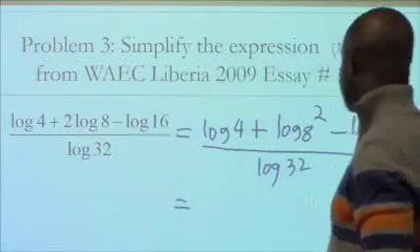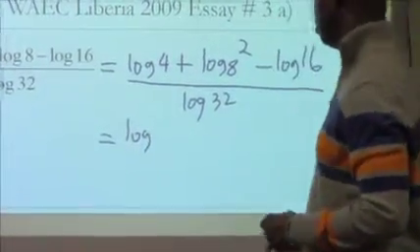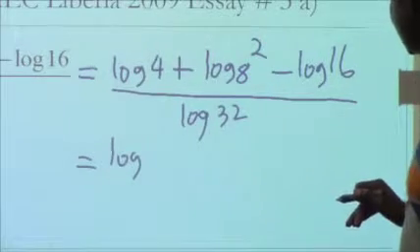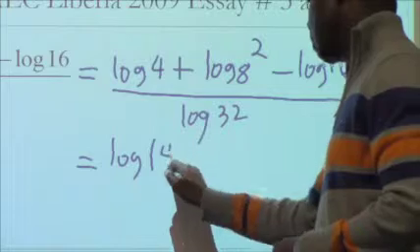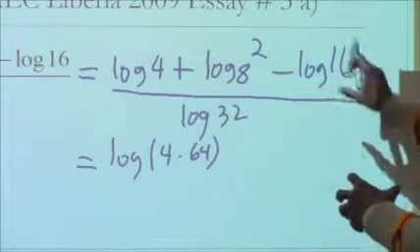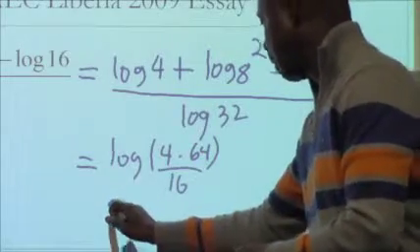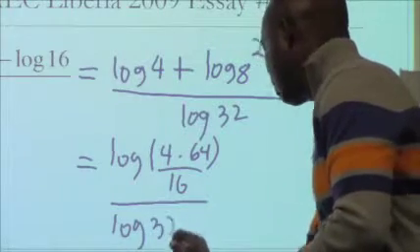So on top will be log of 4 times 8 squared, which is 64. So I'm going to have 4 times 64 divided by 16, and at the bottom I'm going to have log of 32.